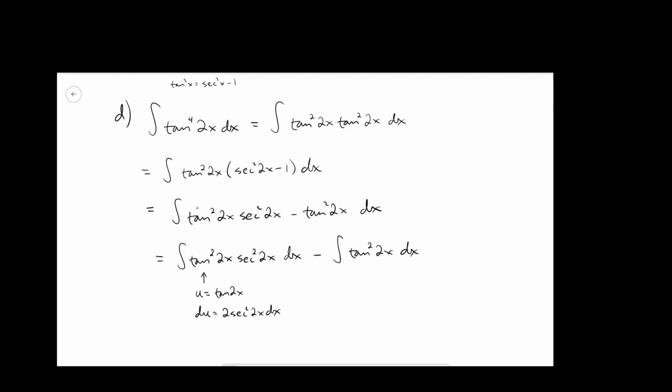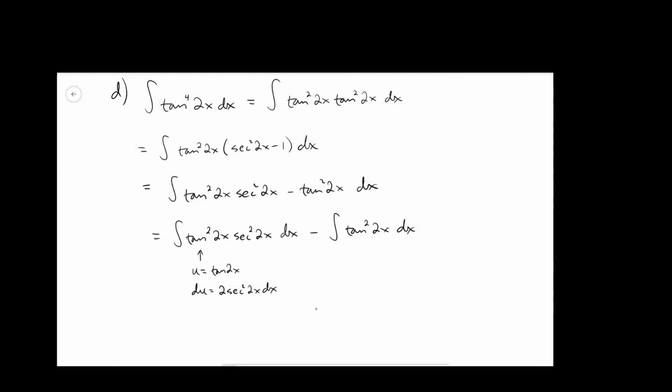But look what we have there. There's the secant squared 2x and the dx, right? That's nice. We don't have that 2 in front of it, so we could say this is 1/2 du. So when we see secant squared 2x dx, we know it's going to become 1/2 du. And then what is tan 2x going to become? Well, that's what we said u was. So u squared is what that's going to become. Circling everything.